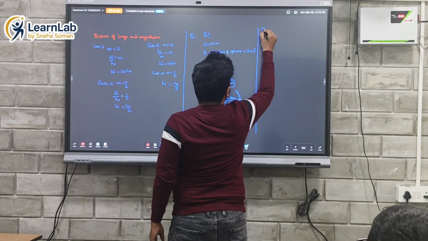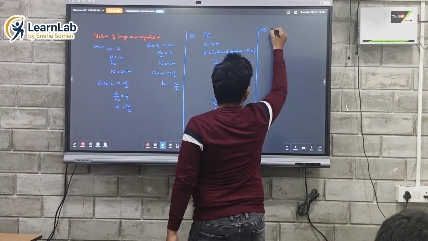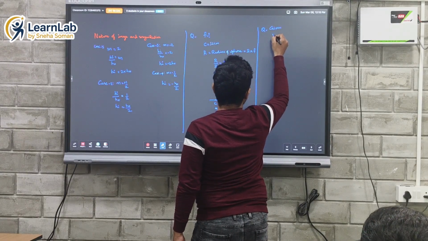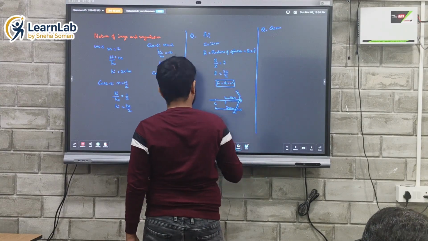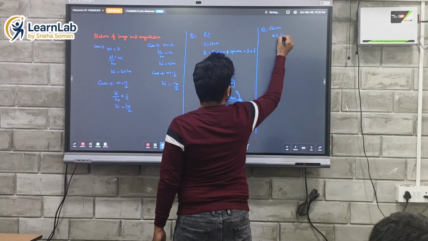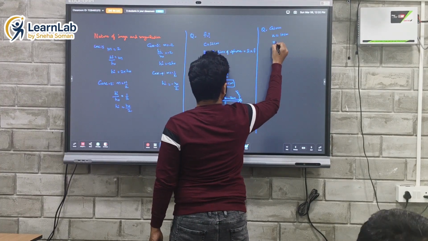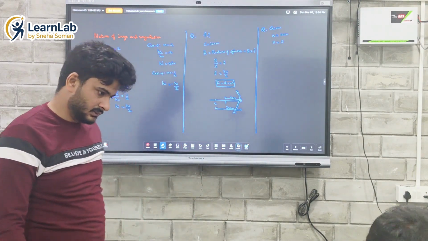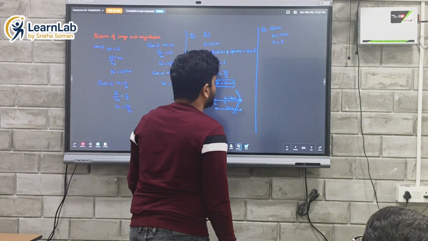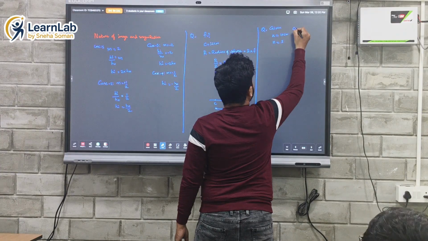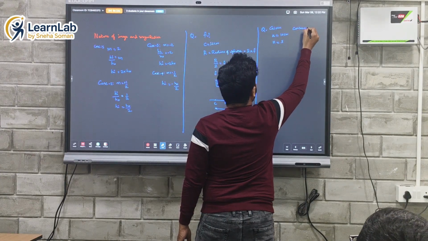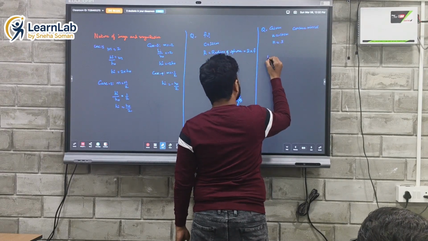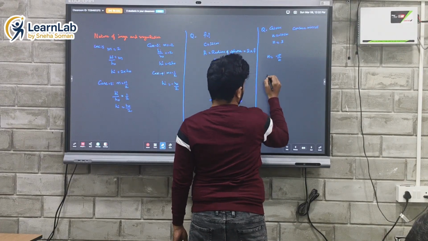What is the diagram, object influence? So what is the kind of mirror here? Now magnification and divide. Okay.